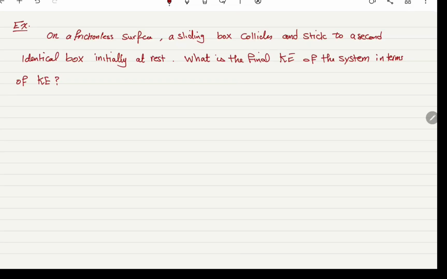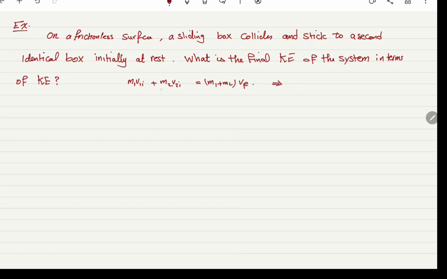Example: on a frictionless surface, a sliding box collides and sticks to a second identical box initially at rest. What is the final kinetic energy of the system in terms of the initial kinetic energy? Now, this collision is completely inelastic, so momentum is conserved: m1 v1 initial plus m2 v2 initial equals m1 plus m2 times v final.